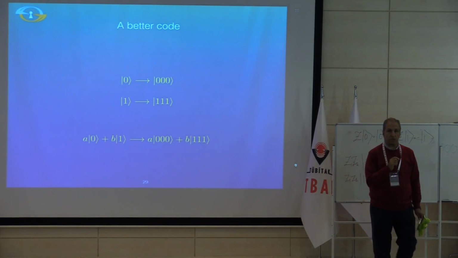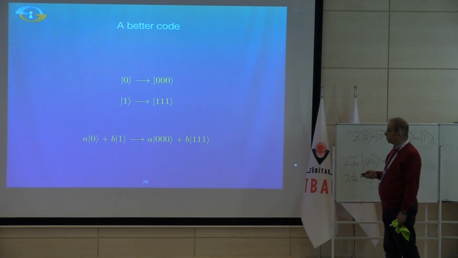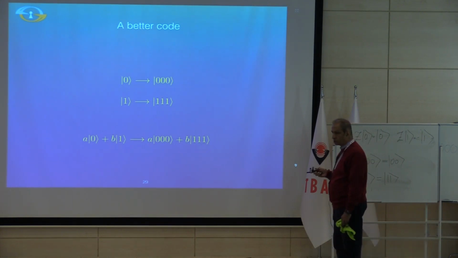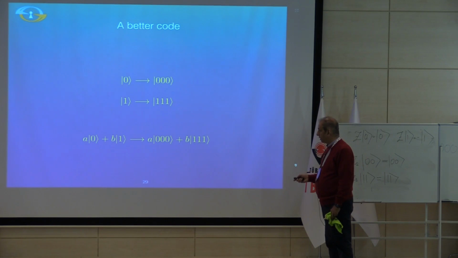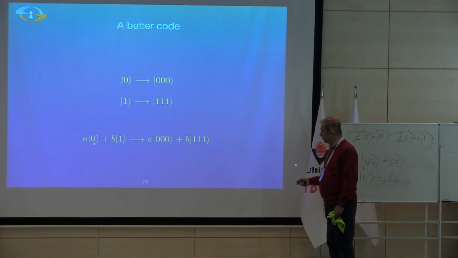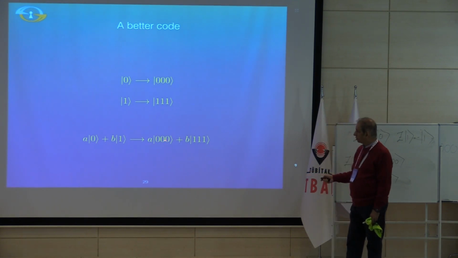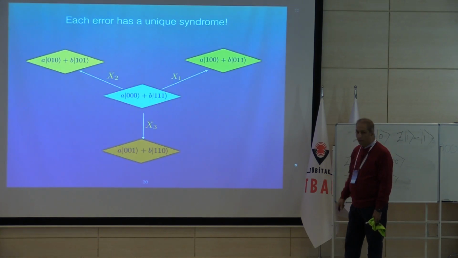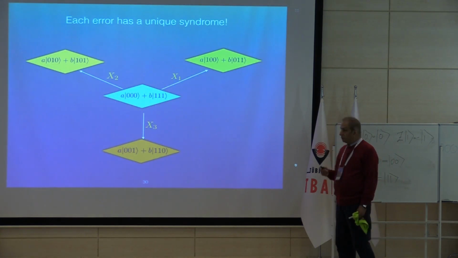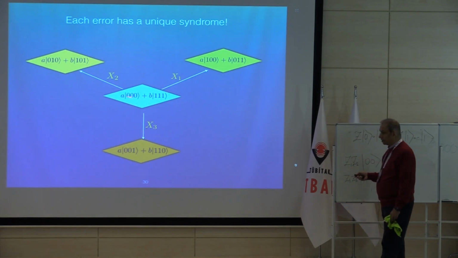A better code is this one. You have to use 3 qubits. You encode 0 to triple 0 and 1 to triple 1, and any state like this one is encoded to a triple 0 plus b triple 1. Right? Now what happens? This is my original state.